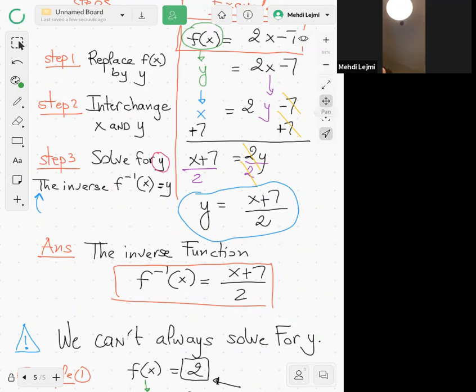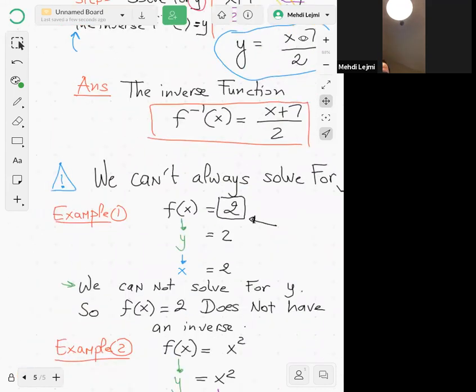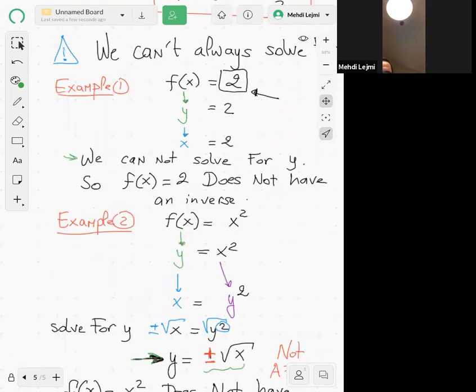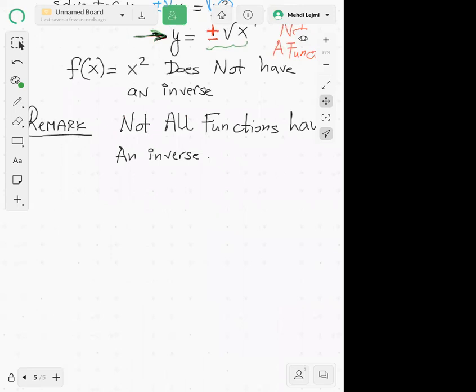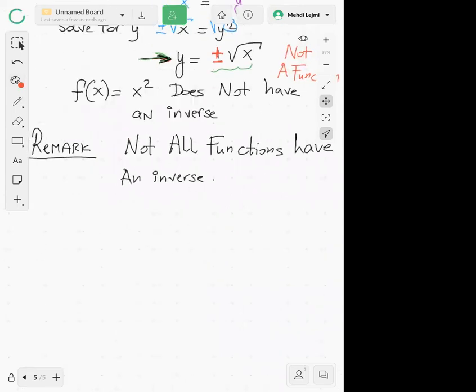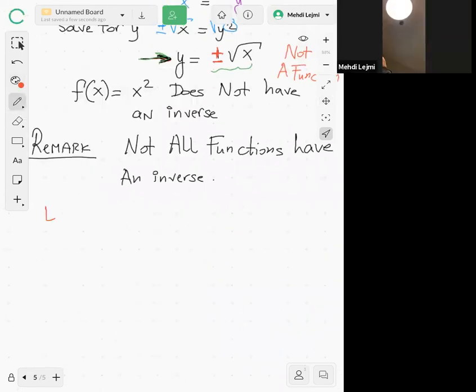All right, so here's an exercise. I'm going to give you a couple of functions, and you have to find the inverse, if it's possible, of course.